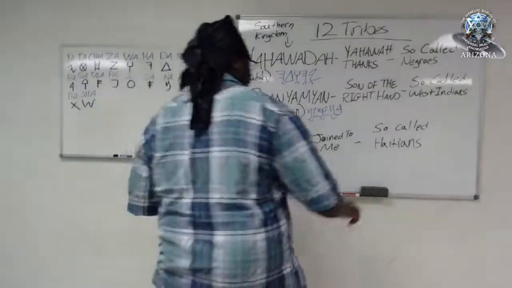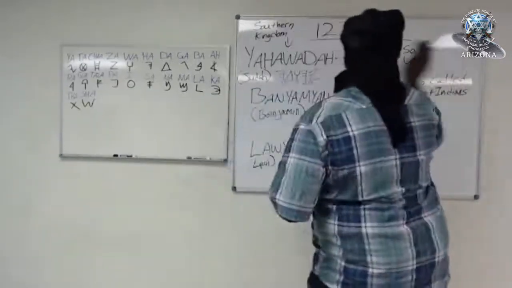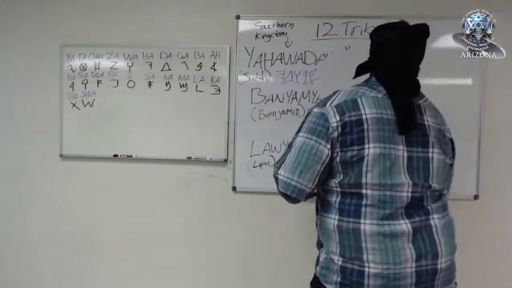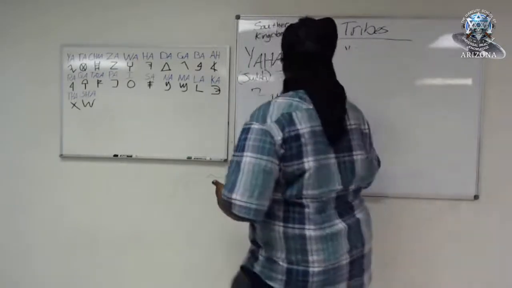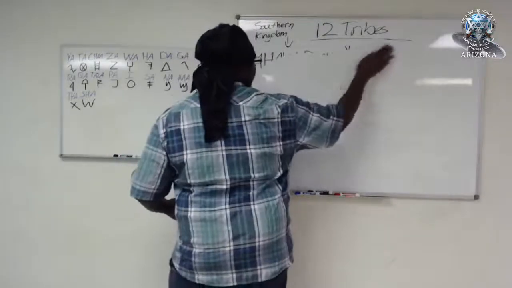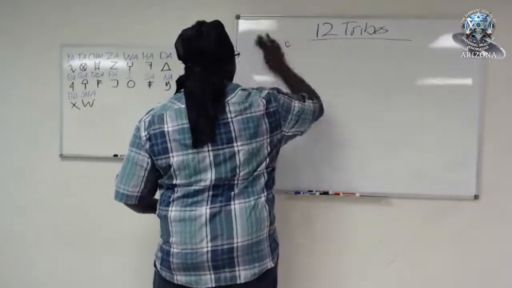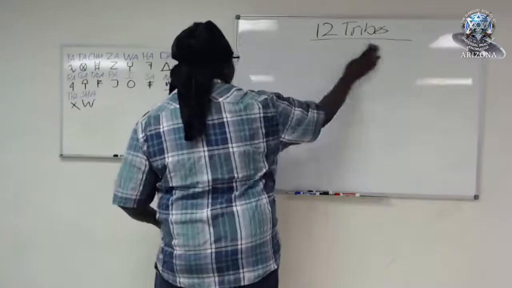All right, the first thing I went over is called the Southern Kingdom: Judah, Benjamin, Levi.